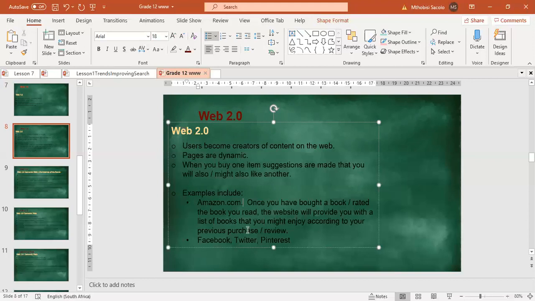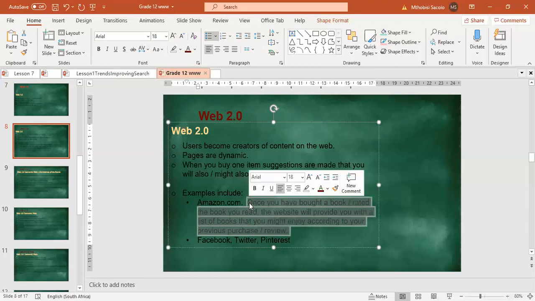So after looking for a book, the website will now give you suggestions. So right now the search is starting to be a bit advanced. It will give you things that you might like based on your previous search.